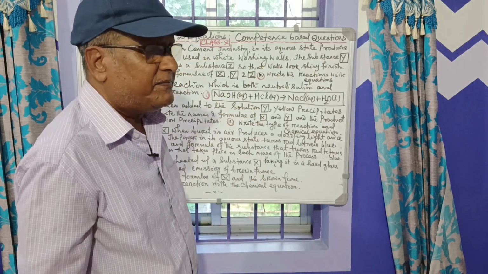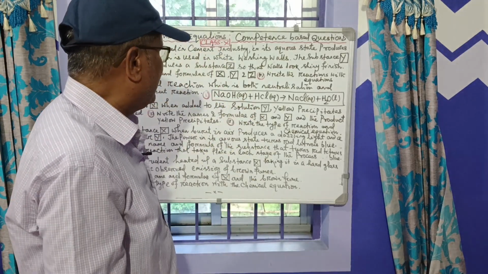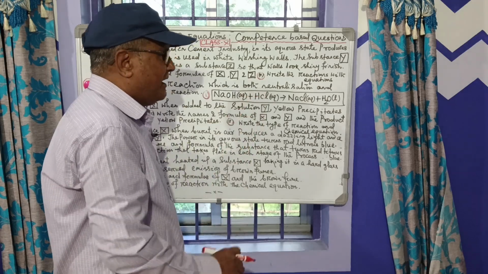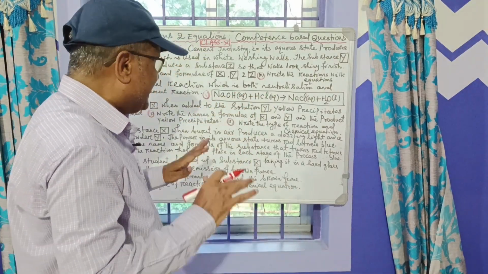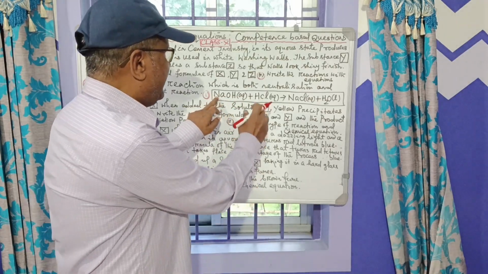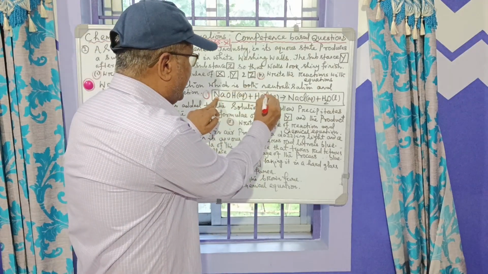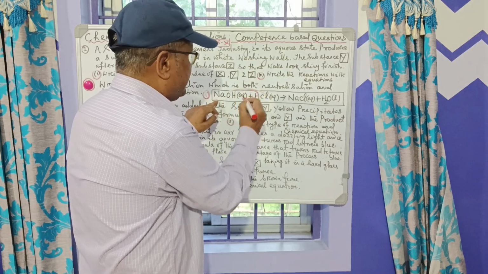Now deeply think what happens. The exchange of ions takes place between the two reactants. So you see NaCl and OH.